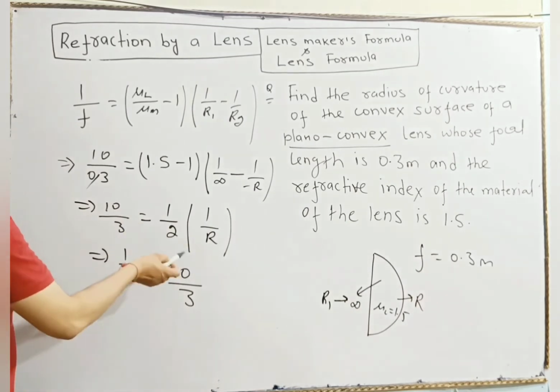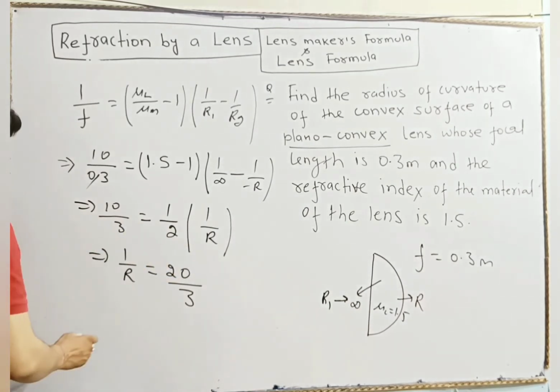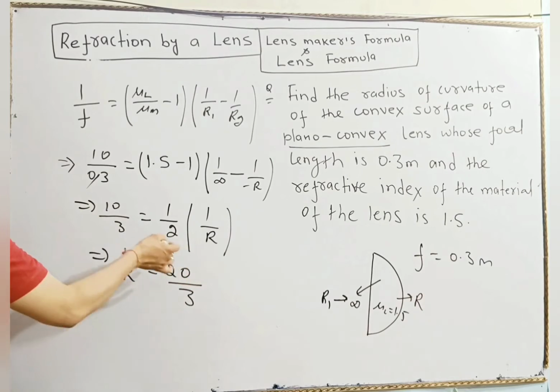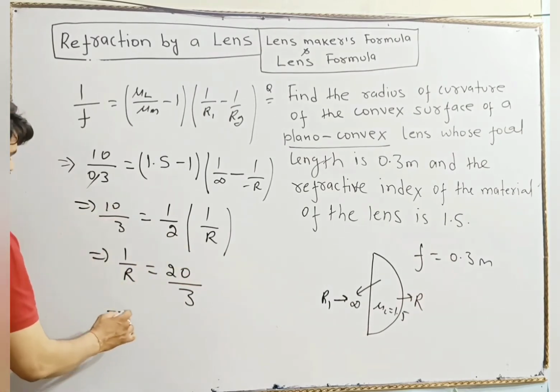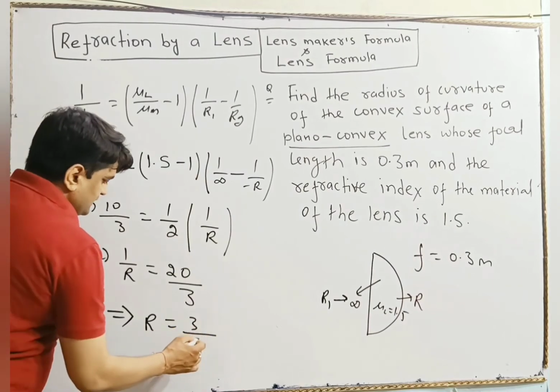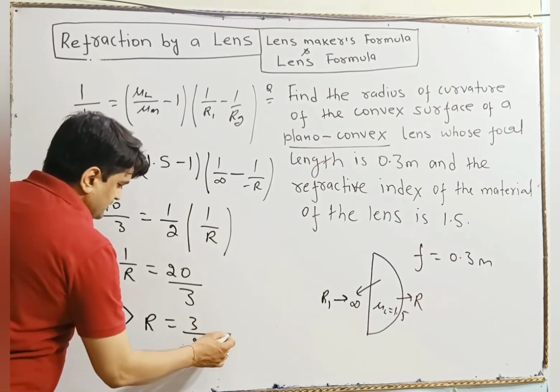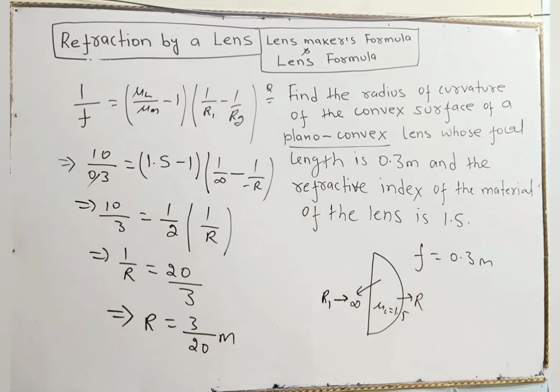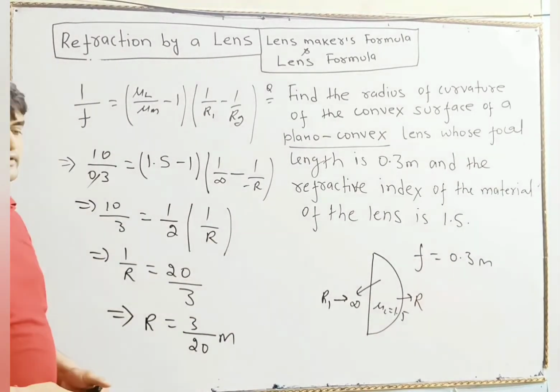So it will be 1 upon r equal to 20 by 3. So r will be 3 by 20 meter. Okay, 3 by 20.